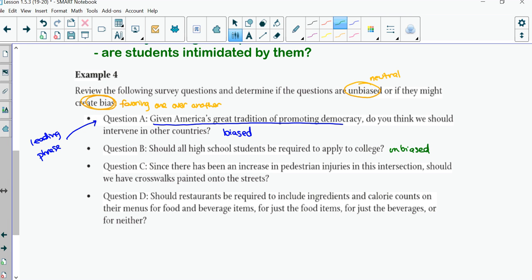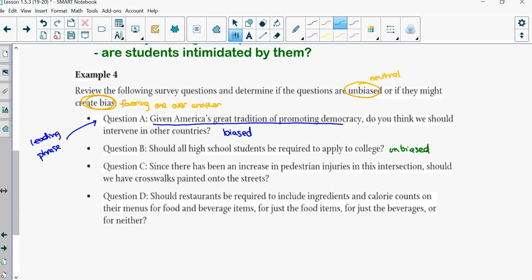Okay. Nowhere in here is there a leading phrase. Nowhere in here is it making you think one way or another. It's just asking you. It doesn't say, if students graduate high school, don't you think that they should apply to college? Or don't you think that all students should apply to college? That would be a leading question.